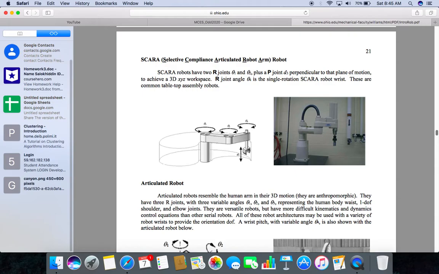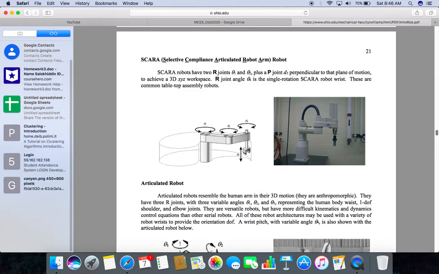actuated robot. Articulated robotic assembly, like the human arm in their 3D motion, they are anthropomorphic. They have three R joints with three variable angles theta 1, theta 2, theta 3, respectively the human body, wrist. One DOF shoulder and elbow joints. They are versatile robots but have more difficult kinematics and dynamics control equations than other serial robots.